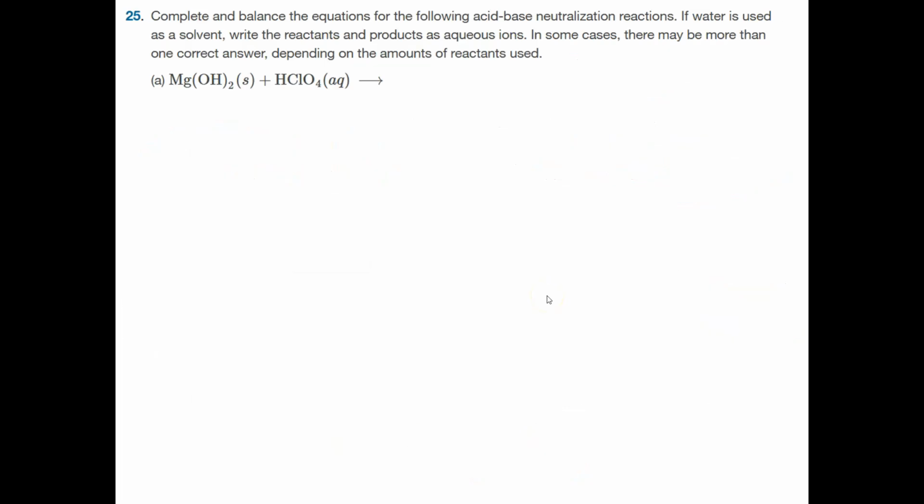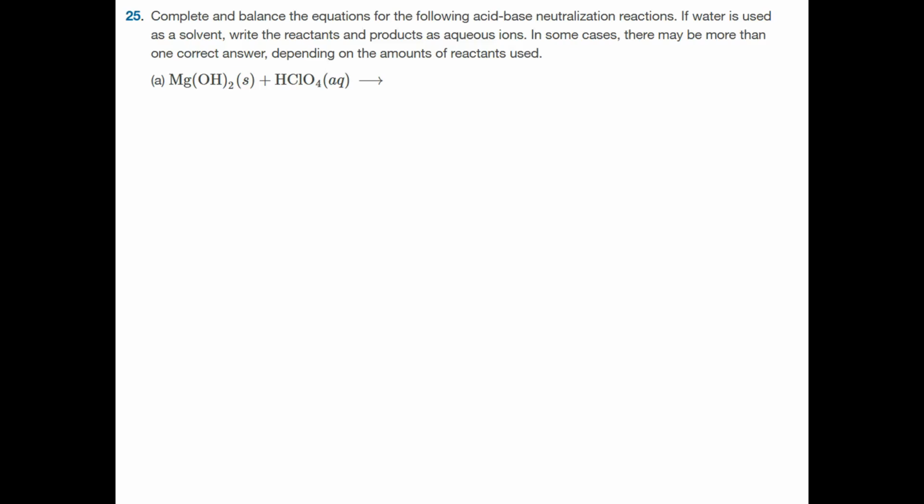So here's a typical example problem from the book. It says complete and balance the equations for the following acid-base neutralization reactions. If water is used as a solvent, write the reactants and products as aqueous ions. In some cases, there may be more than one correct answer, depending on the amounts of reactants used.